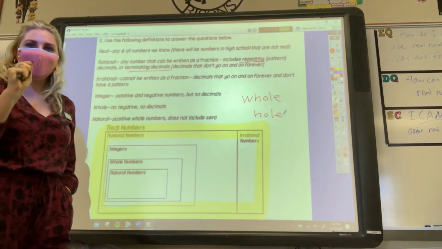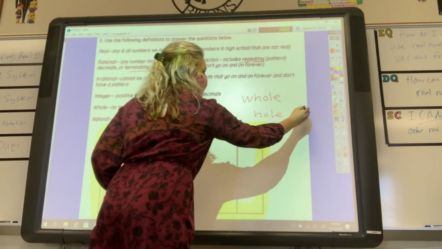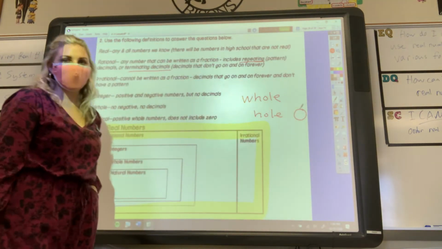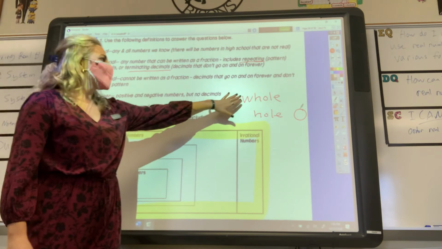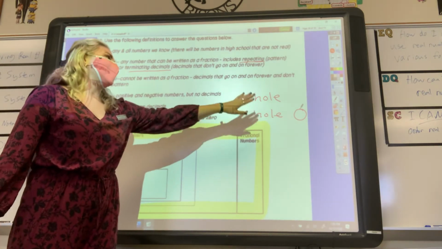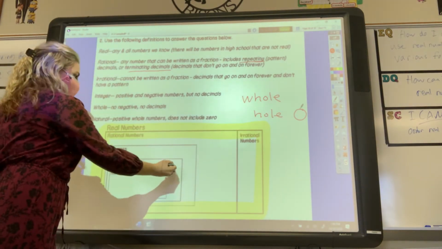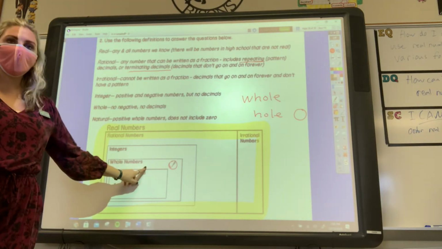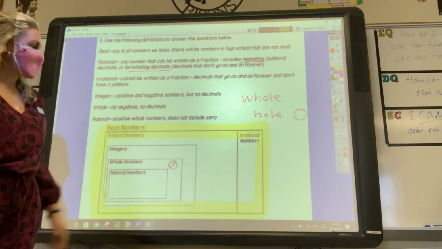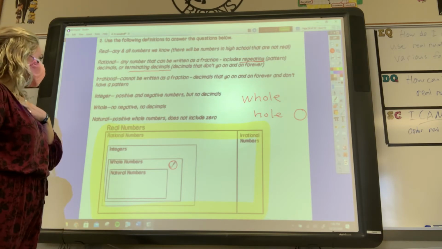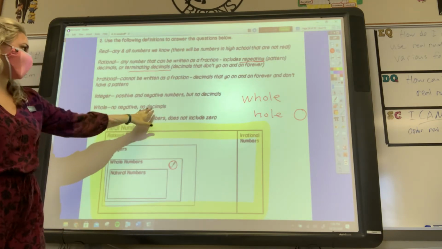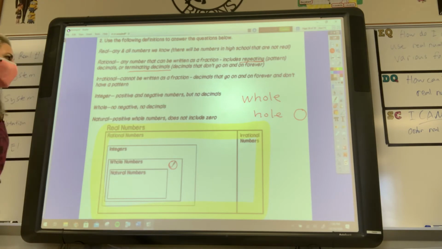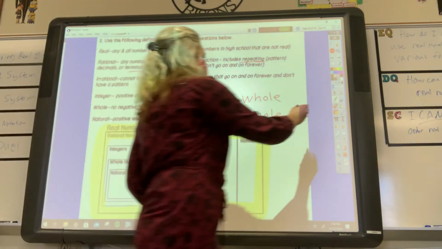And a number that has a hole right in the middle of it is a 0. So I want you to think that whole numbers have a hole in them, like 0. Those are the numbers that are going to be included in our whole number category here. So we can't have any negative numbers and we can't have any decimals as well.